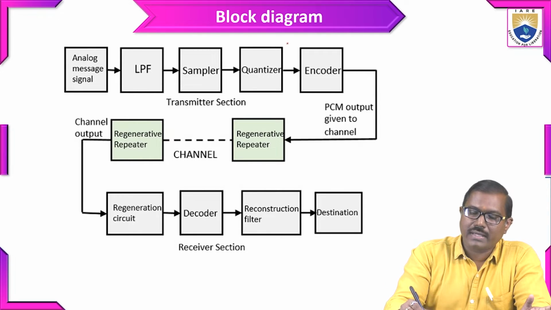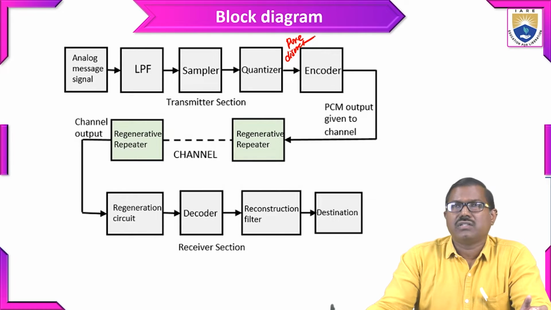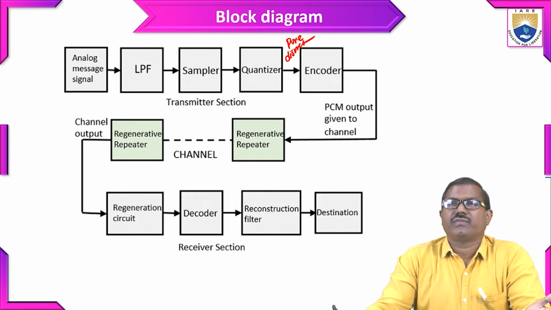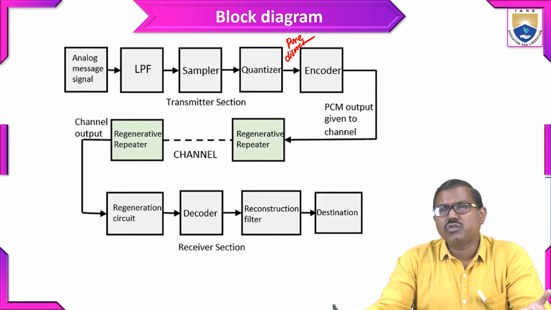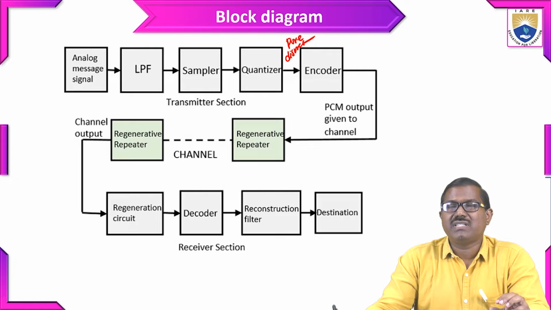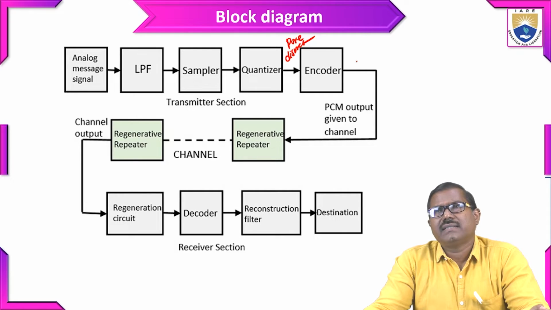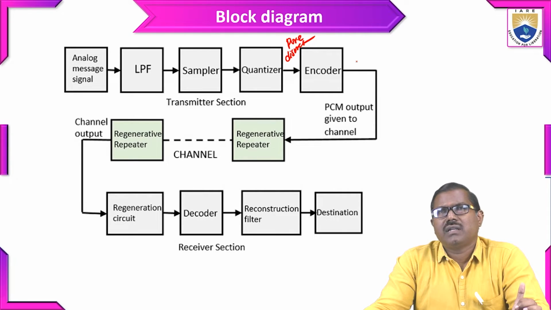So here I got pure discrete. This pure discrete signal is applied to the encoder. The encoder is going to encode. Here, encode means a plan of representing this discrete signal in bit form. So now I have got the bit form. And in the channel, a special arrangement is there in PCM.